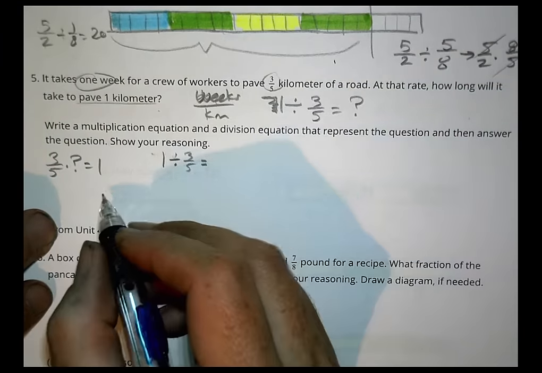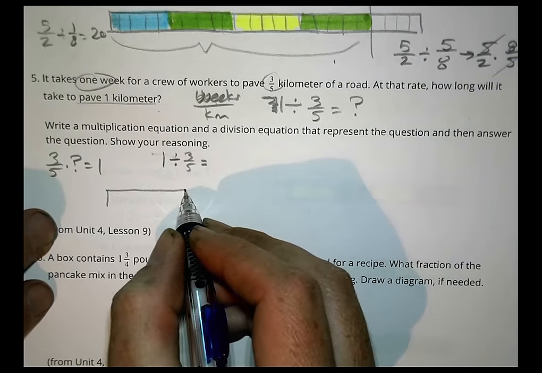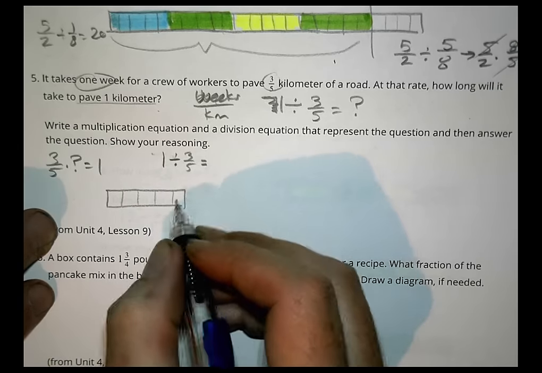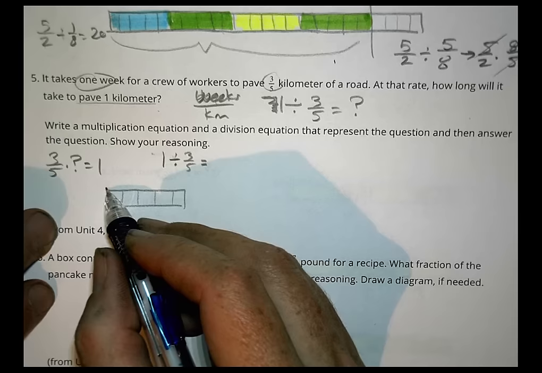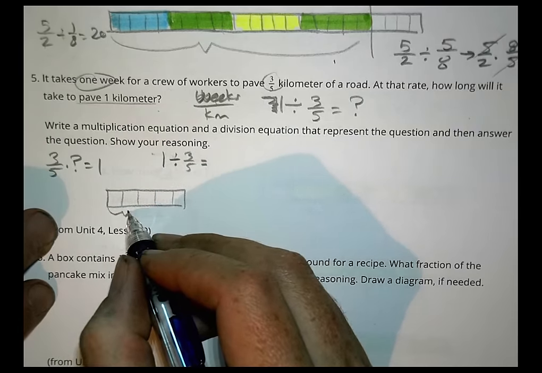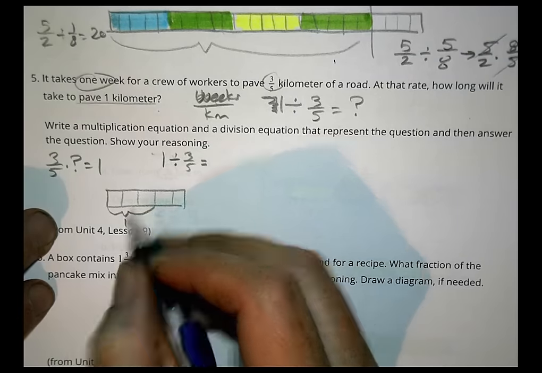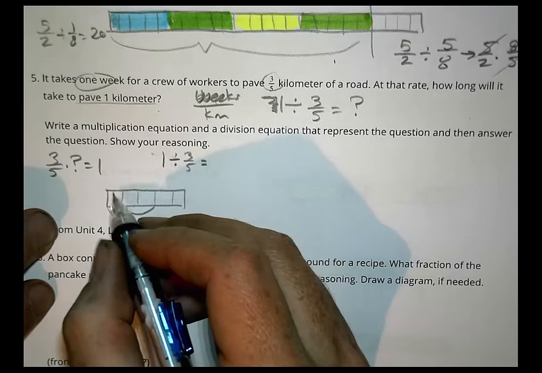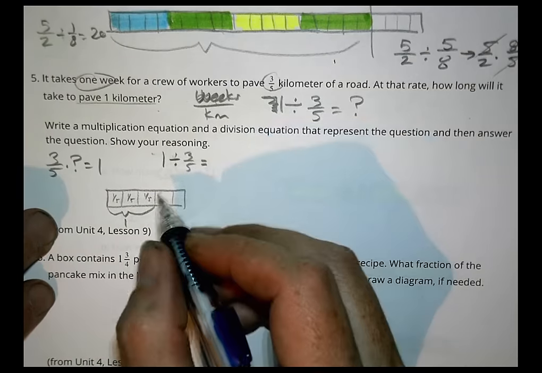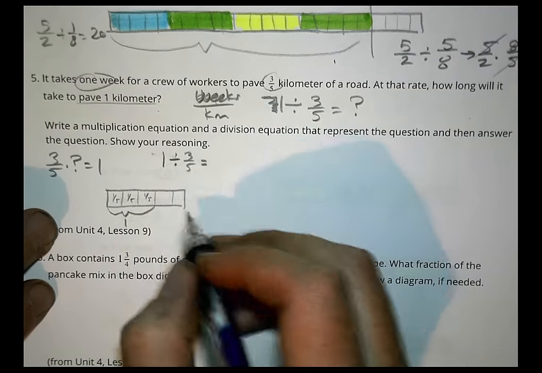Okay, and so again, if I draw this out as fifths, 1, 2, 3, 4, 5, right now we know that 3/5 is done in 1 week. So 1 week is here, and we get a fifth, and a fifth, and a fifth. And we're looking for how many more days it's going to take to get this all worked out.